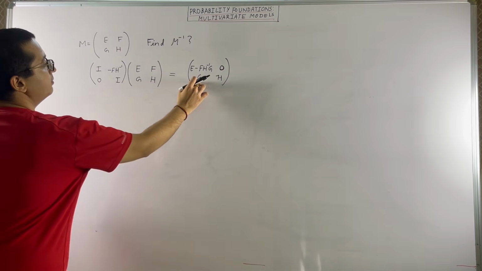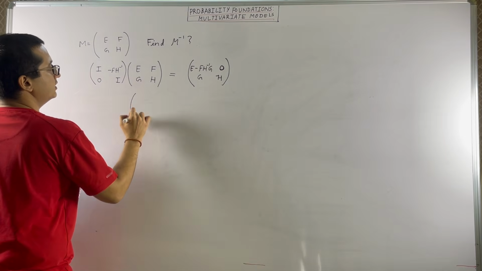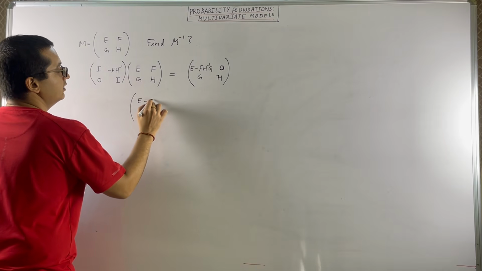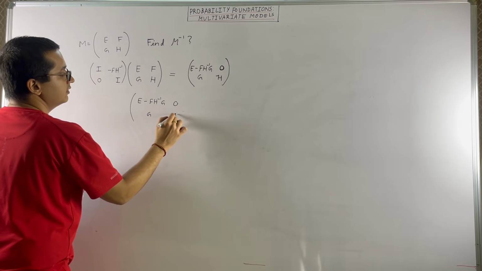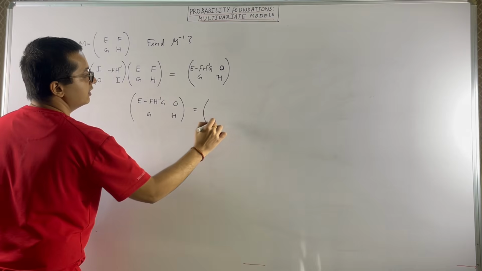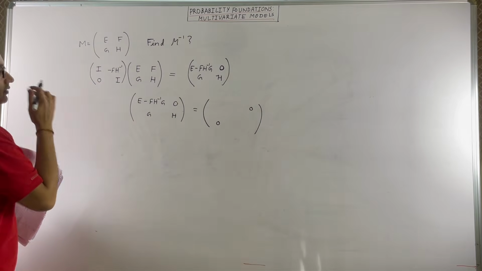So now I need to break this down further. I want to get rid of this G. So how can I get rid of this G? So see again, I take this matrix and we need zeros over here, right?